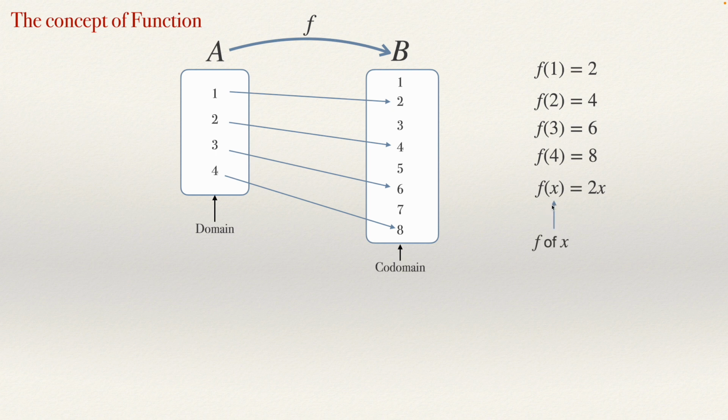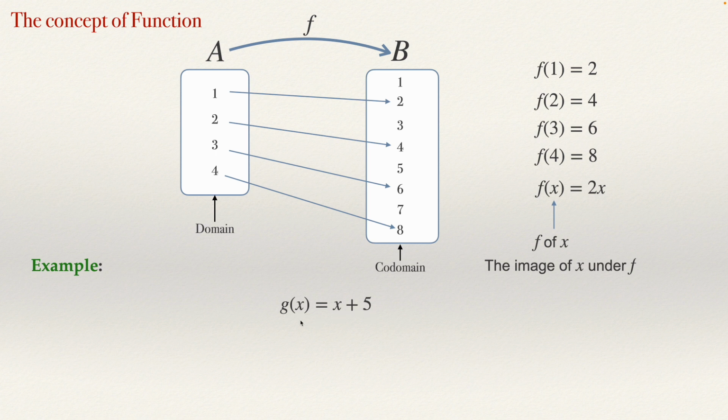We read it f of x, but we need to understand that this means the image of the element x under the function f. So for example, if you have g of x equal x plus 5, that means that for each element in the domain, we are going to assign under the function g an element that is the same element plus 5.